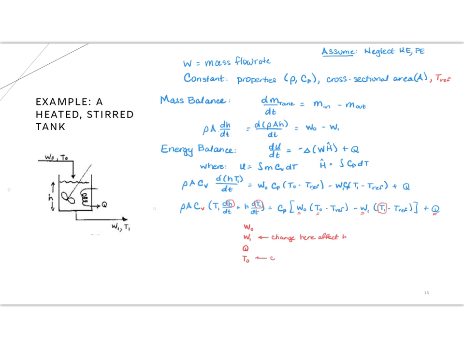And if I change this, I can compensate for those changes with Q. So maybe W naught and Q are going to be treated as disturbances. W1 and T naught are going to be more manipulated variables. But again, this portion is going to be a little better determined once we know more about our system and our goals.